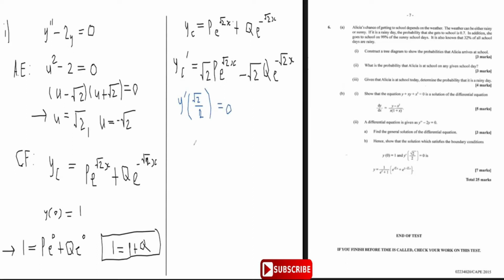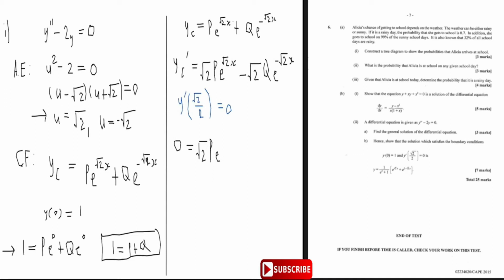When you put in y prime as 0, that's going to be 0 is equal to root 2p times e to the root 2 times root 2 over 2.